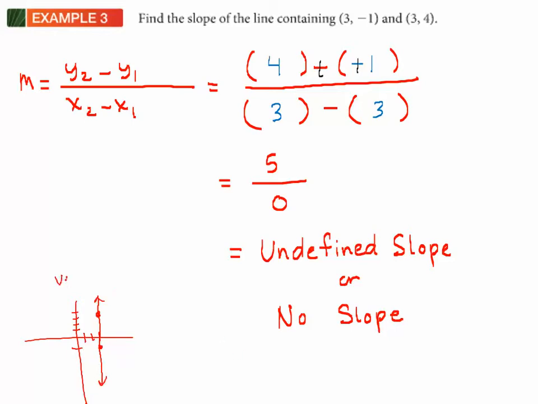Cool, so it's that vertical line. So a vertical line produces a no slope. Thinking about a road, then we think about a cliff. At that point, then you're really in trouble. Okay, cool. So vertical lines have a no slope.